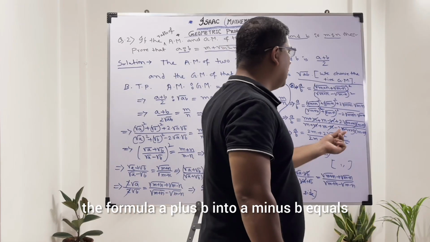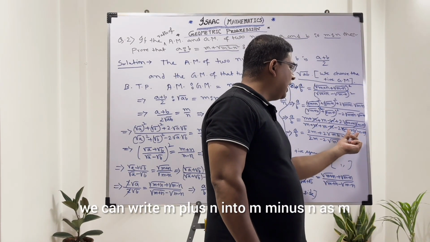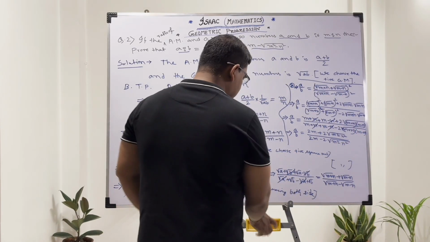By following the formula (a plus b) into (a minus b) equals a square minus b square, we can write (m plus n) into (m minus n) as m square minus n square.